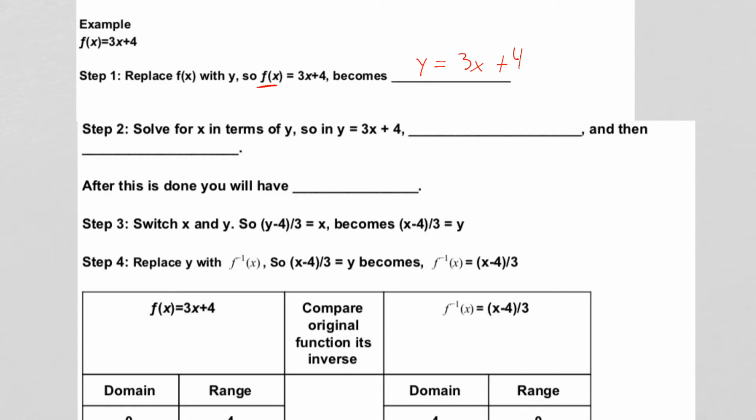And then I'm going to solve for x in terms of y. I'm going to have to subtract 4 from both sides, and then divide by 3. So I'm going to get y minus 4 divided by 3 is equal to x.